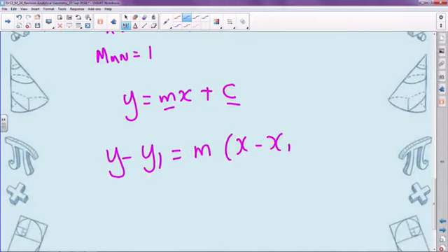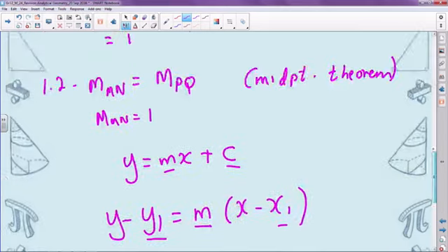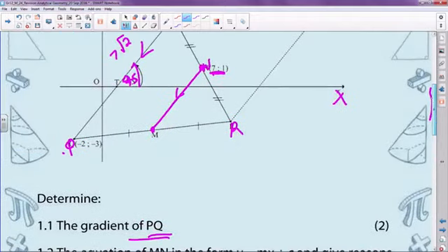And in order to work out the equation of a straight line in this form, you'll need the gradient and you need a point. And we plug that in and then work out the equation. So y minus, well, y1, we see that the y value at point N is 1.